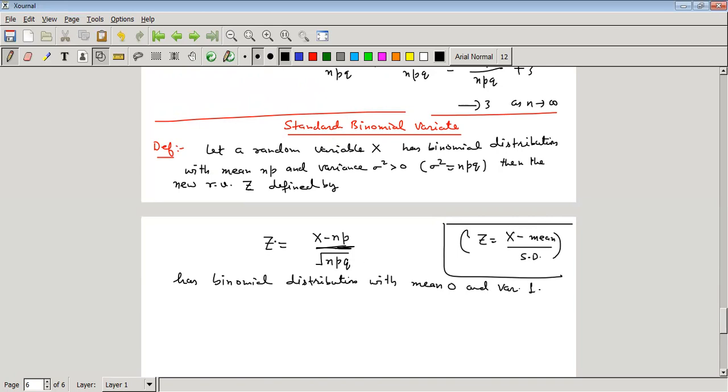If we find the mean of this Z binomial variate, then expectation of Z equal to 0, and variance of Z is equal to 1.